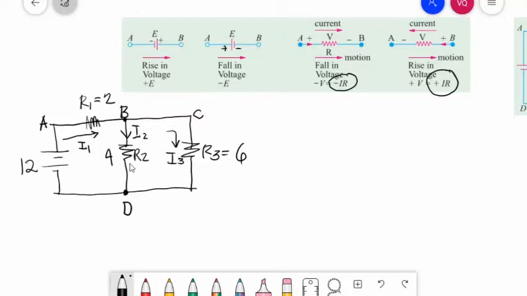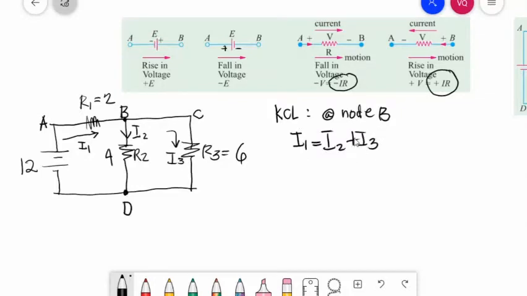So we will now take the KCL equation at node B. Entering is I1, and it is equal to I2 plus I3.